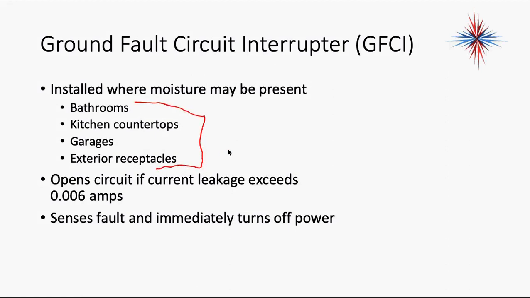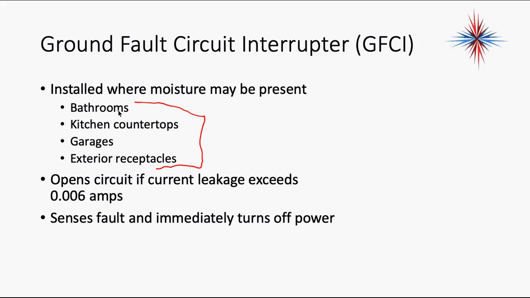We also use them in any situation in a commercial building where I'm concerned and I need basically an extra breaker. For example, in the hallway outside where we're installing all those boards, the basic electrical boards in the hallway by the classroom and the shop, I wanted them to use ground fault circuit interrupt outlets there because it trips much faster and much more quickly if there's a fault in the circuit.